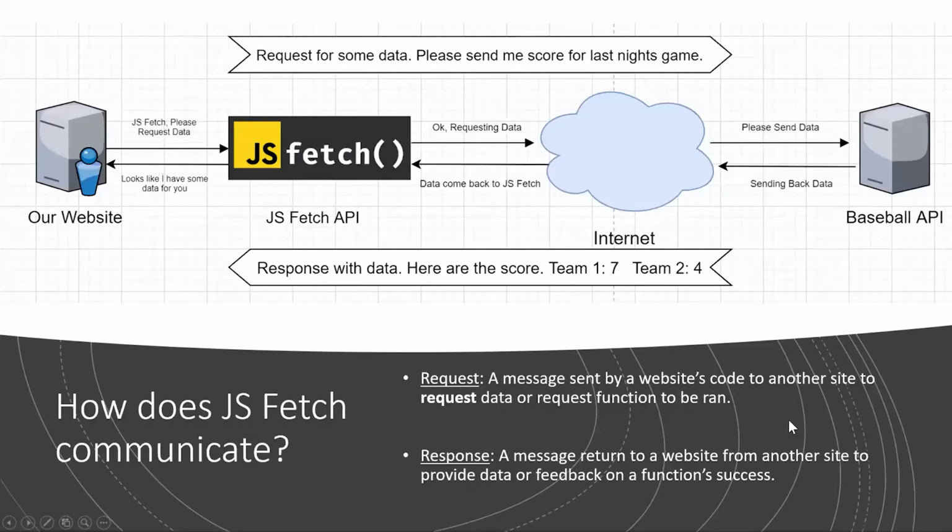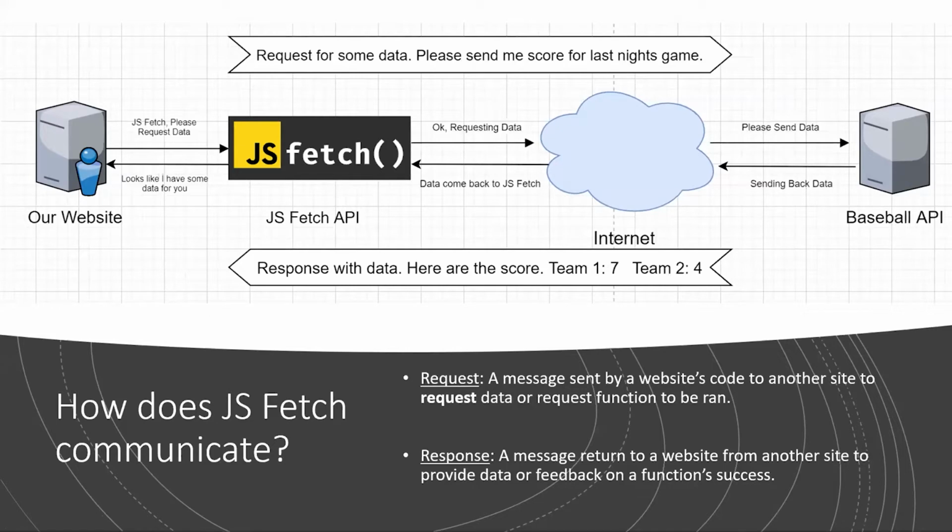Okay, so here's a little diagram for you guys to see how the flow actually works. It's quite simplified, but this is generally what's happening. There are two things that are really key when dealing with APIs and using Fetch: you need a request and a response.